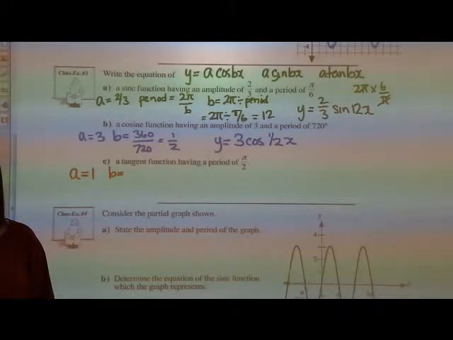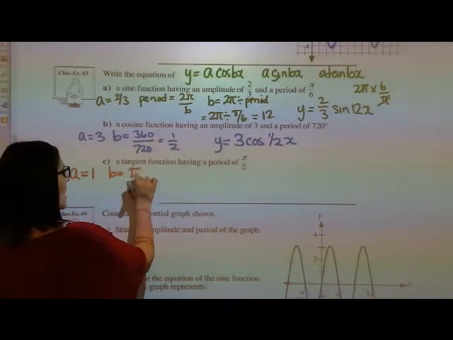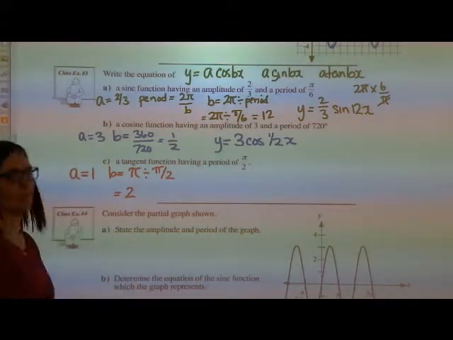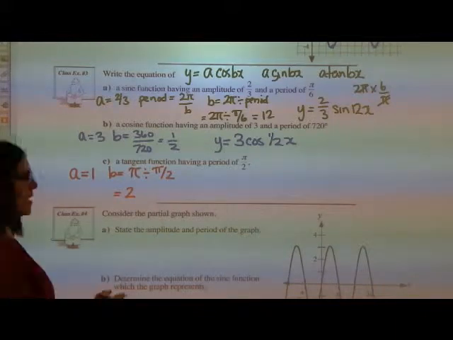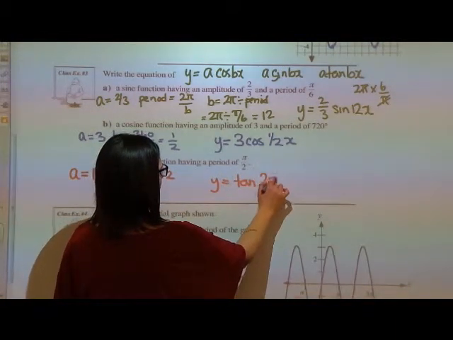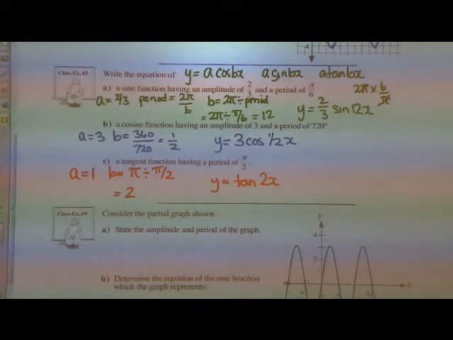What's the period of tan normally, Jessica? Oh, right. So pi divided by pi over 2 would give me an answer of 2. So then y would equal tan 2x. Tan is the tricky one because its period is different, and we have to keep that in mind.